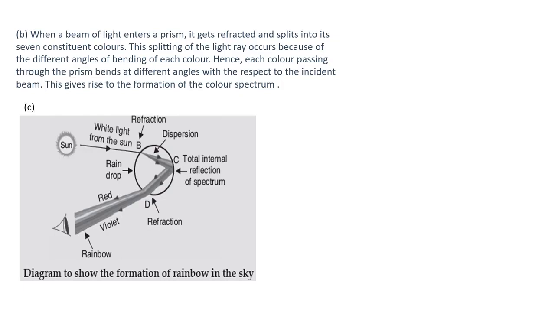Now coming to the B part of the answer. When a beam of light enters a prism, it gets refracted and splits into its 7 constituent colors. This splitting of the light ray occurs because of the different angles of bending of each color, because the colors are bent at different angles with respect to the incident ray.